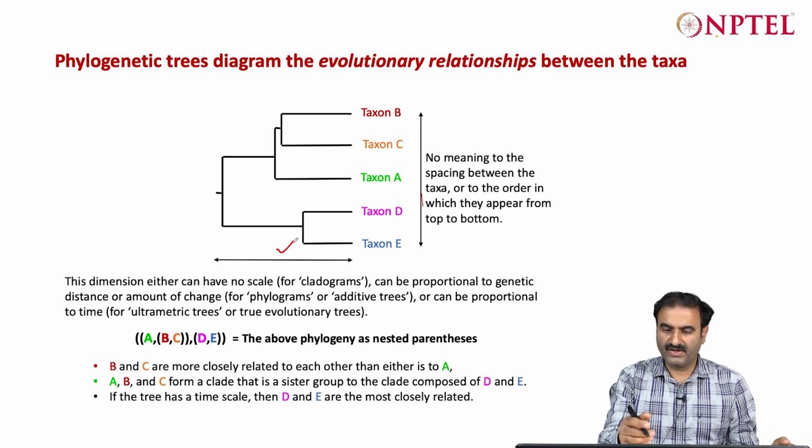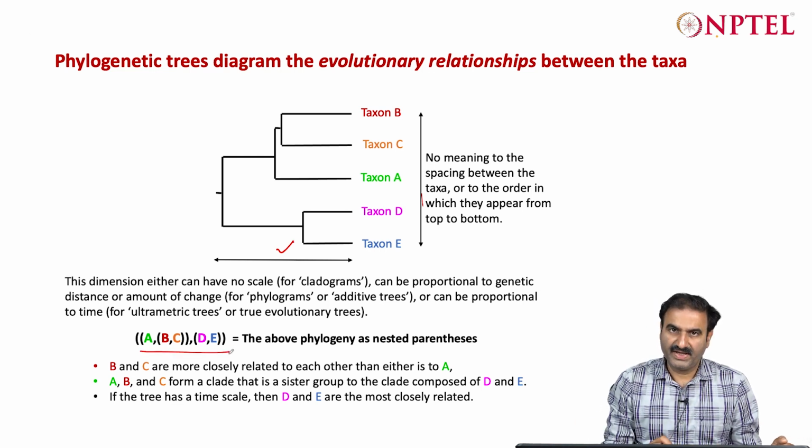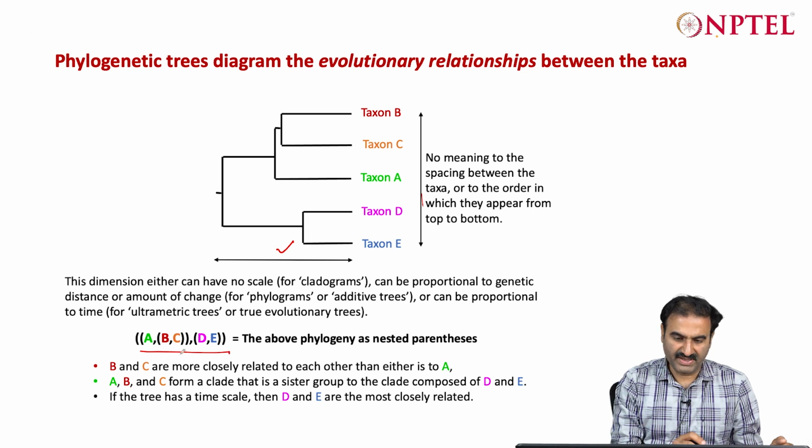And this tree can also be expressed in a textual form: B and C are related, then a comma, and then A is next to it, and then D and E come together, and together you can see that A, B, C are together and D is separate, and the same thing you can see here.